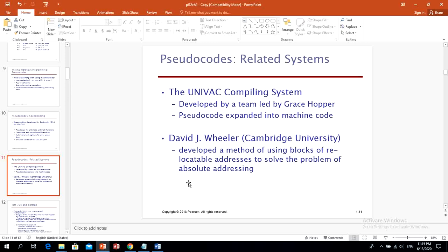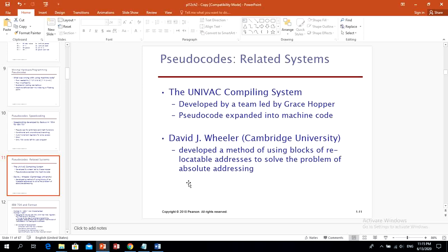This lady, Grace Hopper, is an American general from the American Army who specialized in computer science, and she is the first person to use the term bug in computer science. The UNIVAC compiling system was developed by a team led by this lady, and they expanded this pseudocode programming language into machine code.